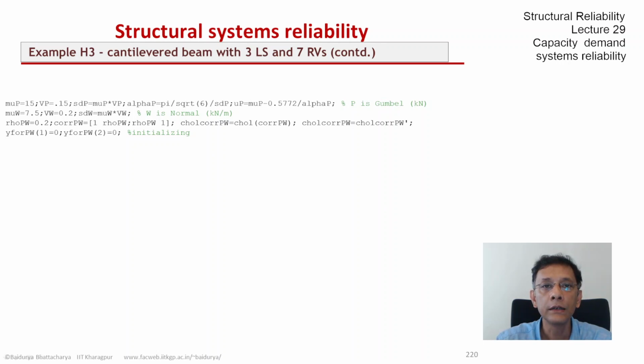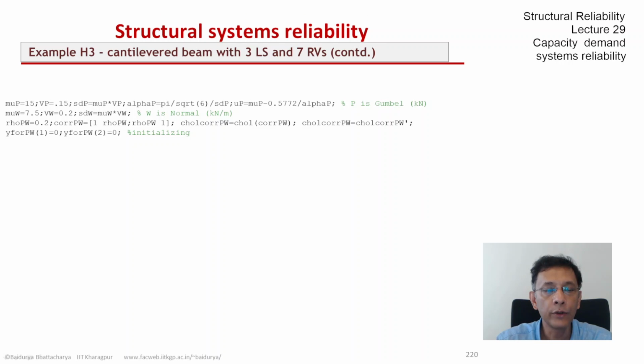Then we define the correlation matrix between P and W, and again, to save space, I have written it out in one line. So rho of PW is 0.2, and the correlation matrix is 1 rho PW semicolon rho PW 1. So that's a 2 by 2 matrix. And then because I'll need this during simulations, the Cholesky factor of the correlation matrix.